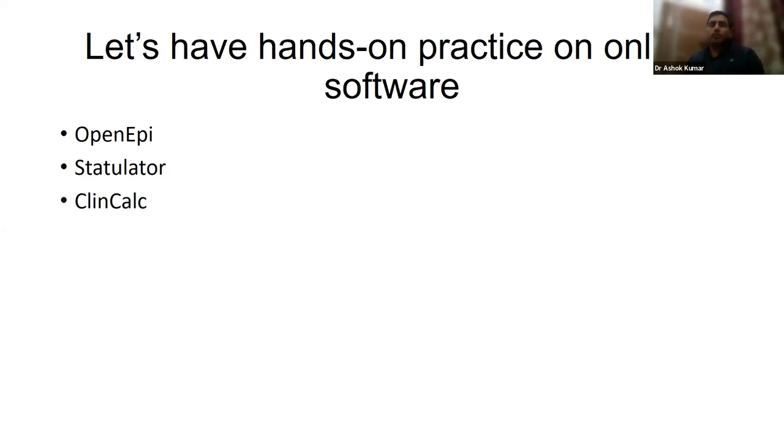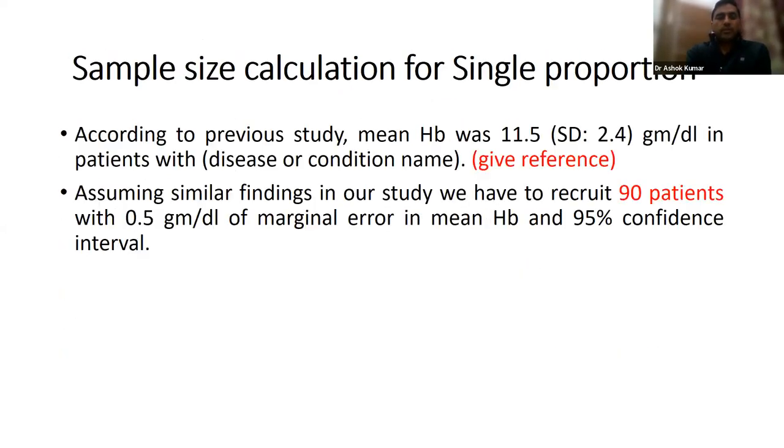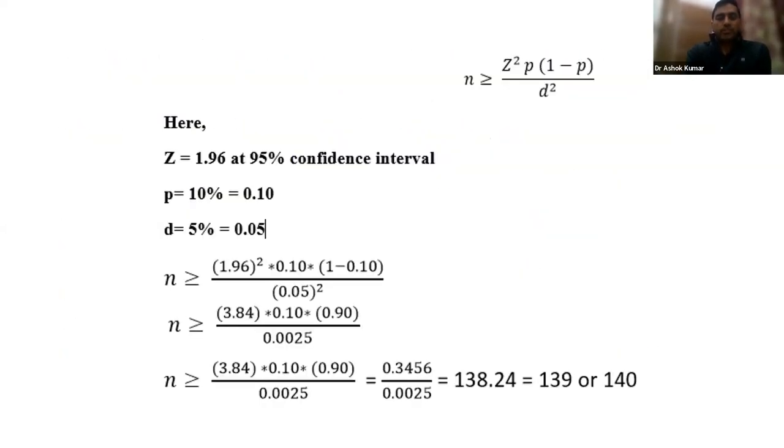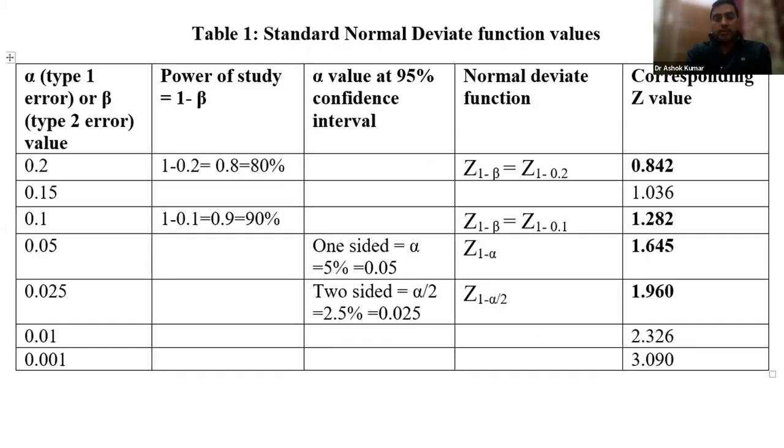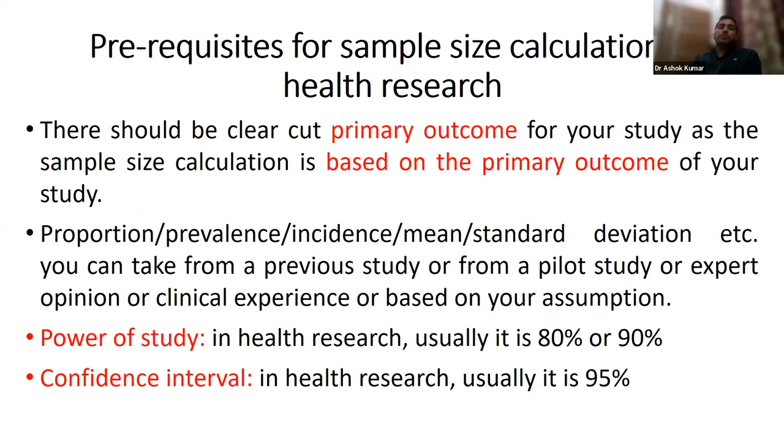But we have to understand these things before calculating a sample size. These are the prerequisites for sample size calculation in health research. Please remember, you have to calculate sample size on the basis of the primary outcome.